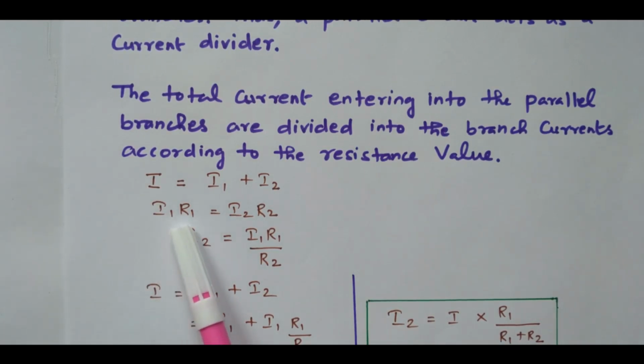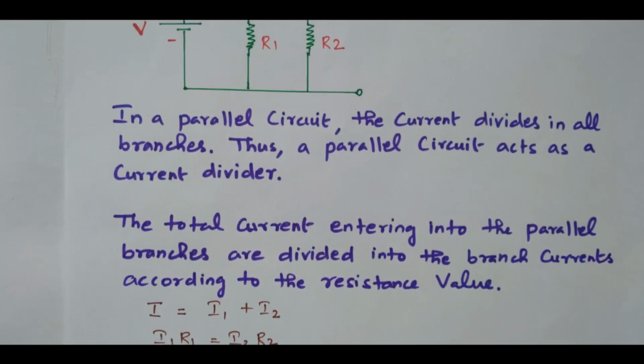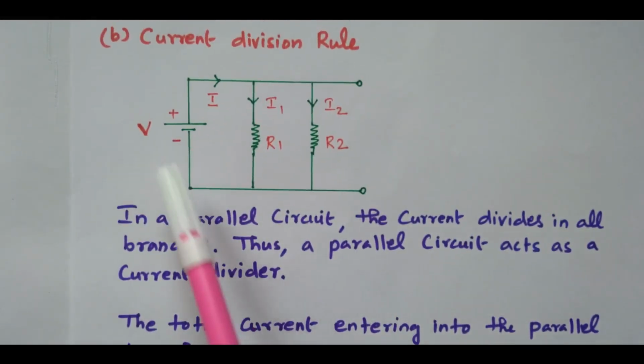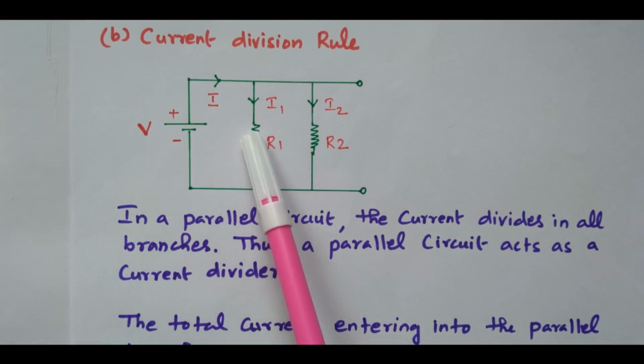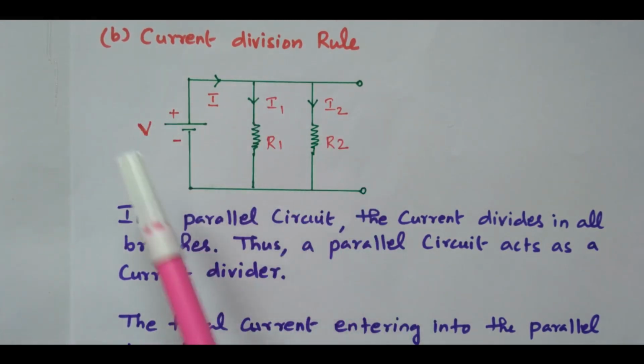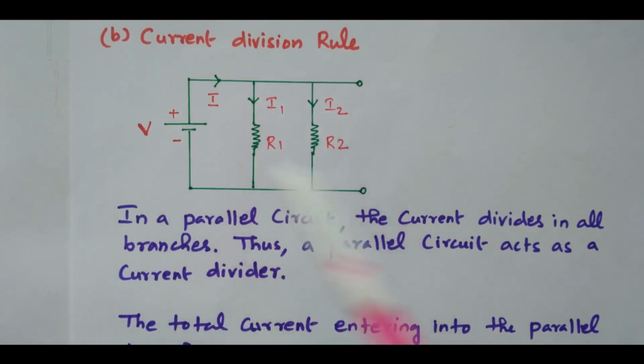So I1 R1 equals I2 R2, because the potential across both the resistors is equal. In this diagram, the same voltage is applied across R1 as well as R2. So the voltage across R1 is also V, and the voltage across R2 is also V. Only the current changes.